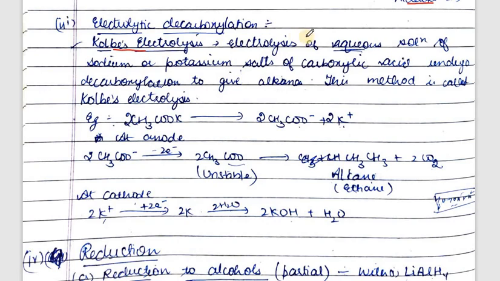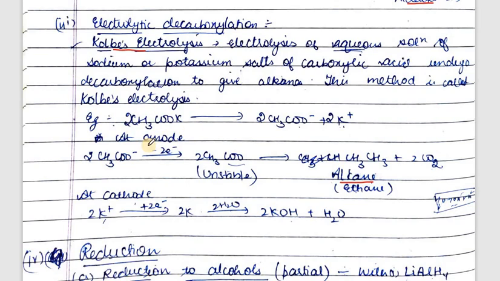That is, electrolysis of an aqueous solution of the potassium salt or sodium salt of acids undergoes decarboxylation to give alkanes with double the number of carbons, and this method is called Kolbe's electrolysis.